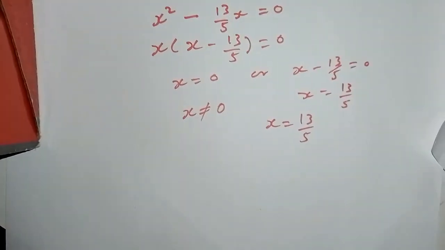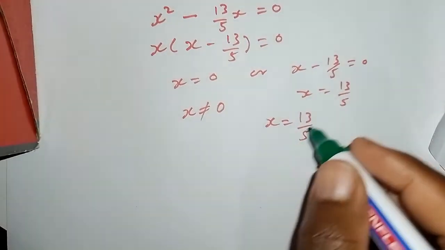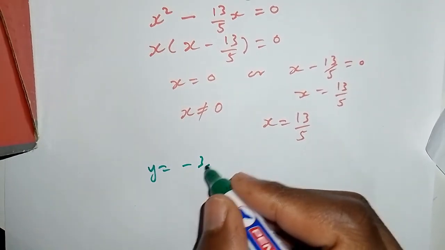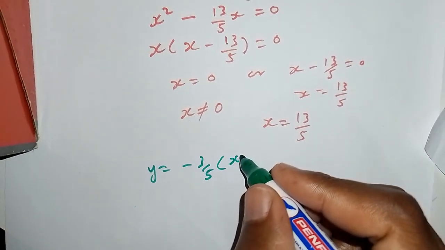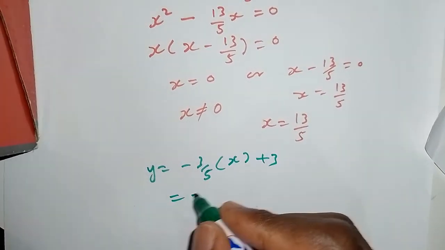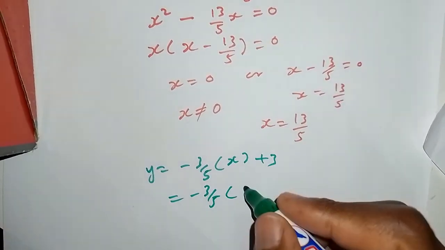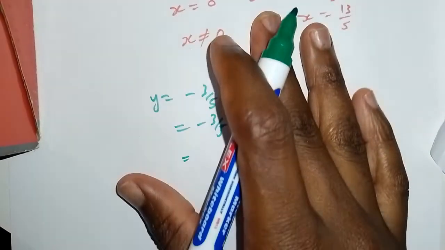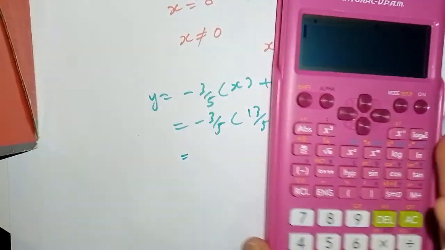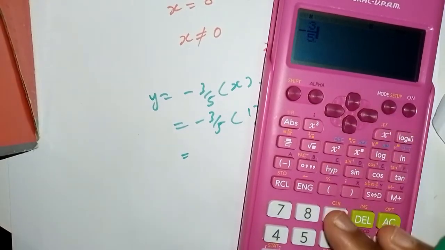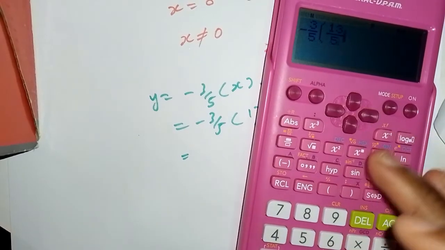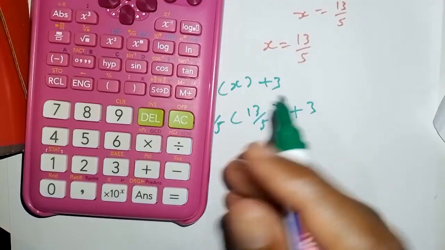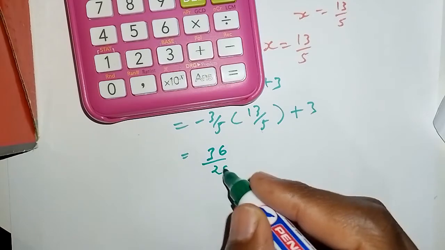Okay, then after getting that, I can just substitute this into my equation 1. What is my equation 1? y is equal to negative 3 over 5x plus 3. Then negative 3 over 5 into 13 over 5 plus 3. What is my solution? I have 36 over 25 as my y.